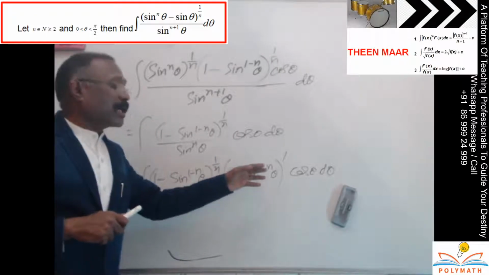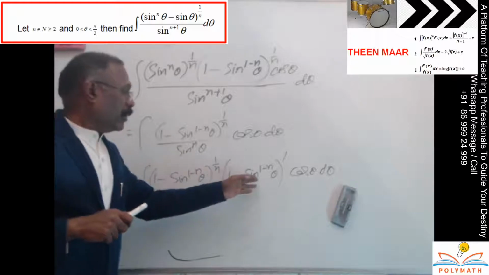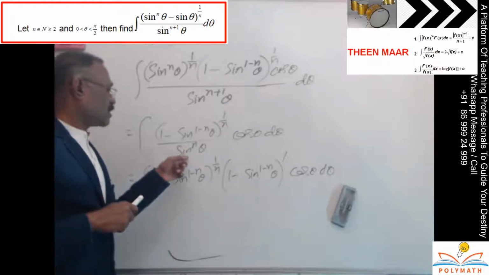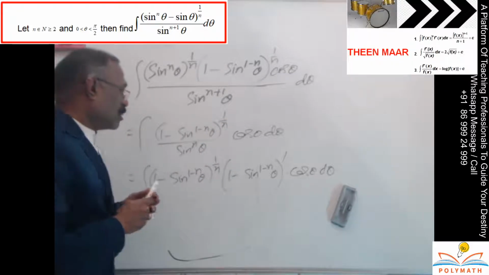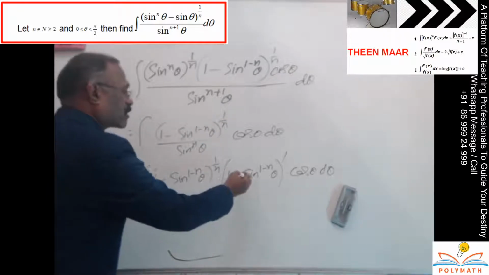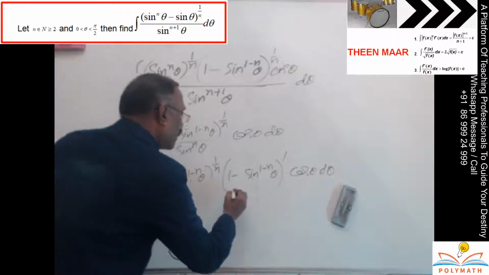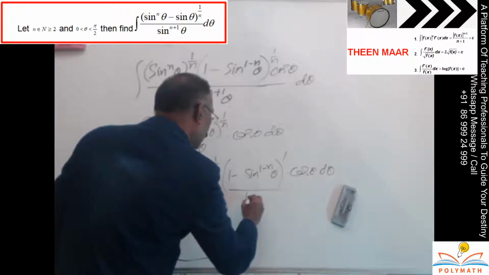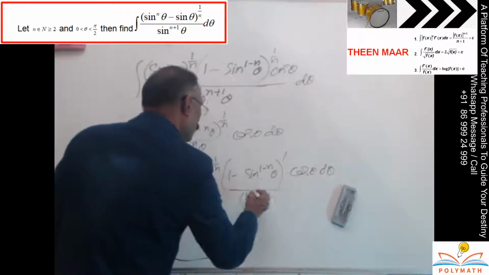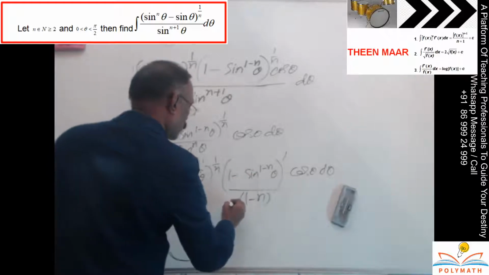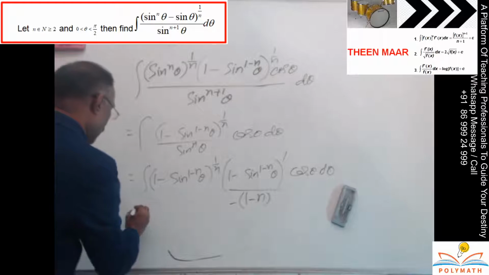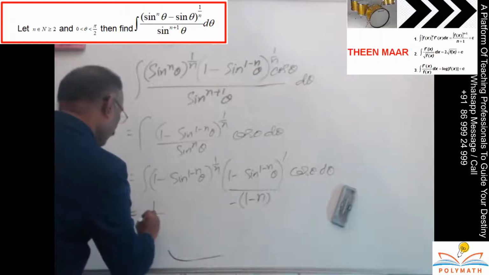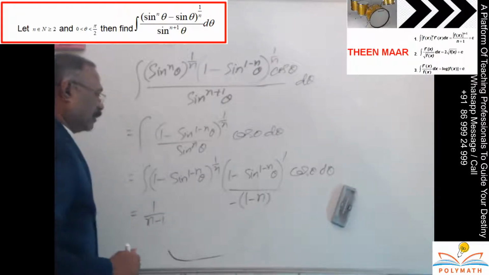You will get sine theta whole power minus 1 into sine theta derivative cos theta. Sine theta whole power minus n into cos theta. So it is taking the form of, what is the extra term you will get, divided by 1 minus n, minus of 1 minus n extra you will get.